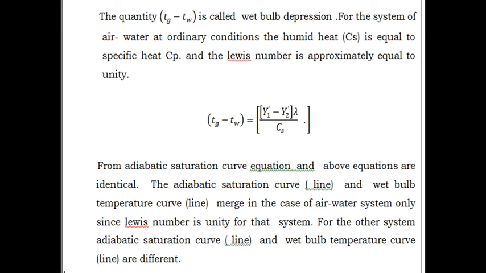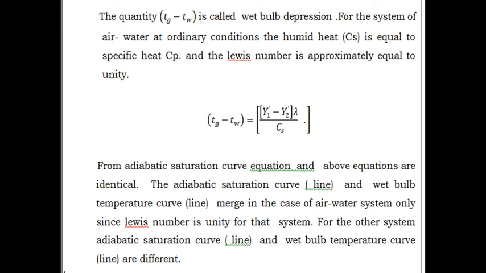For example, the benzene-carbon dioxide system, benzene-nitrogen system, or carbon dioxide-water system: for any other system, the curves are different. Only for the air-water system are these two curves identical, or merged.